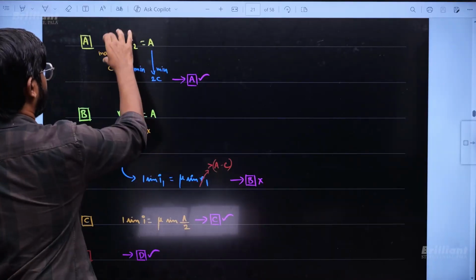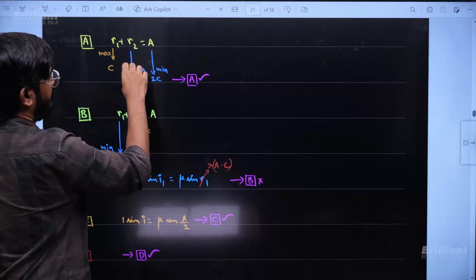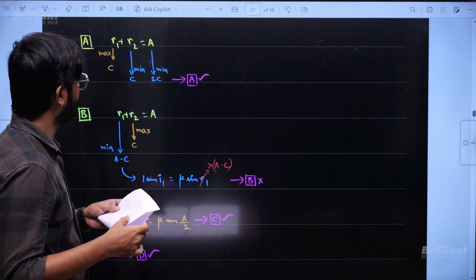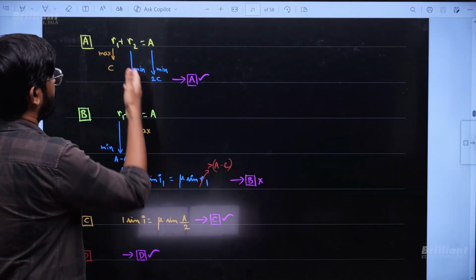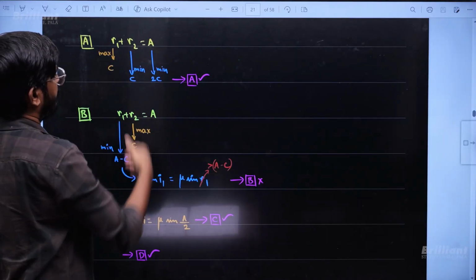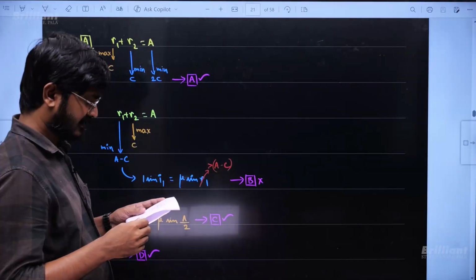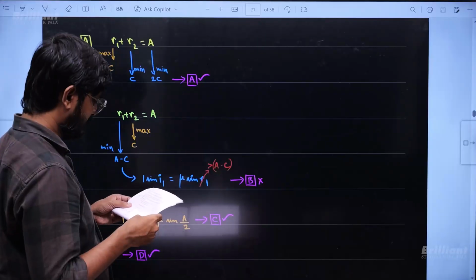So this maximum value is C, and its minimum value should be at least C for not total internally reflecting. So when you do that, you will understand the minimum value of A should be at least 2C. At least 2C, then there won't be total internal reflection. So option A is correct.